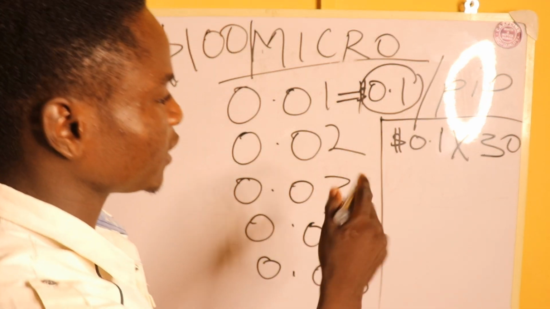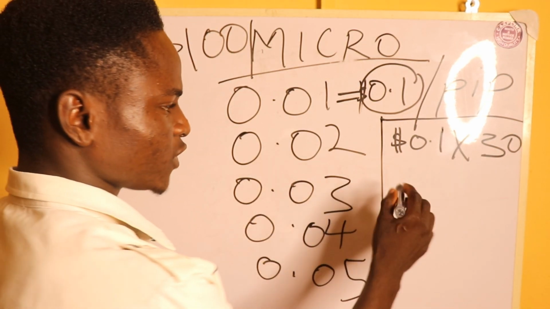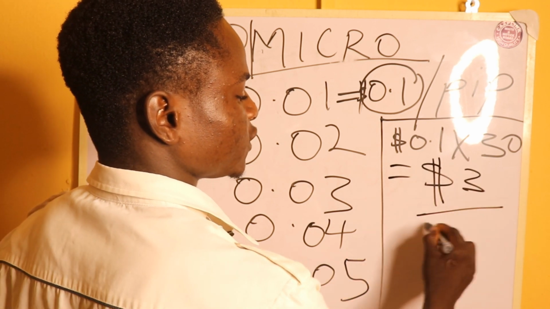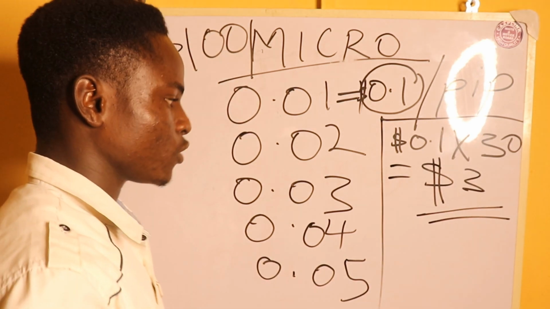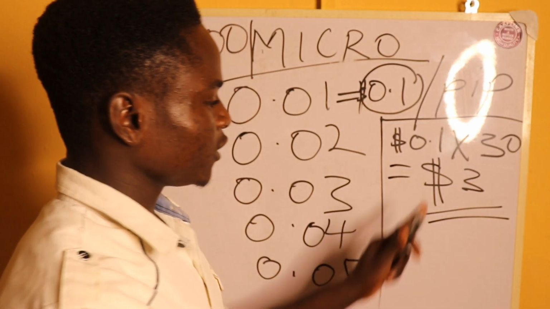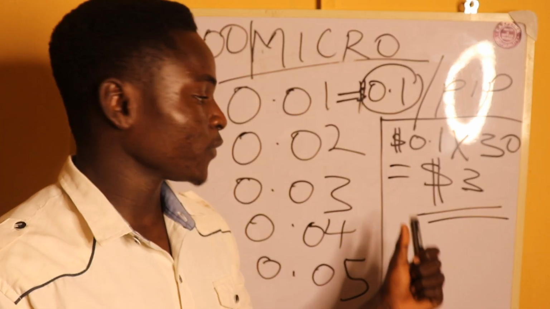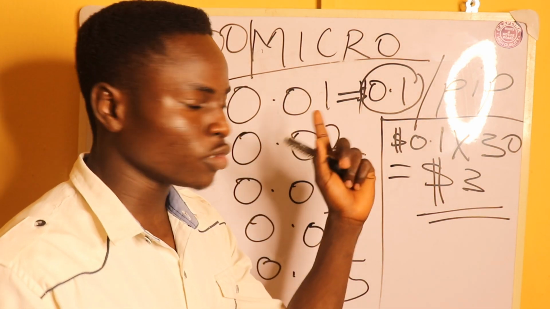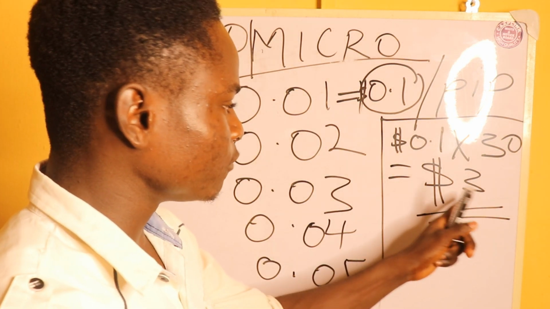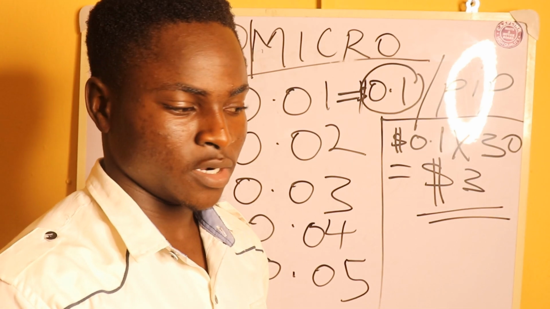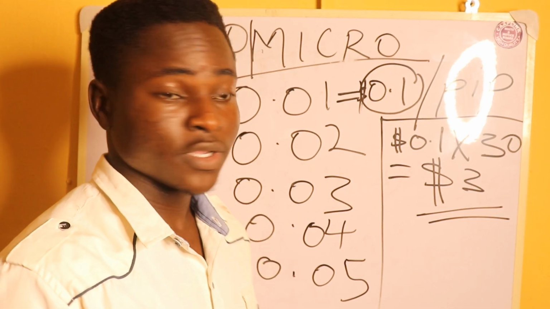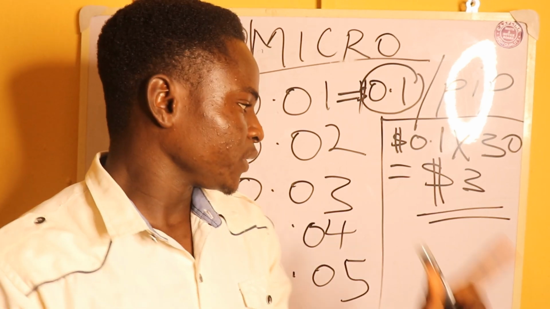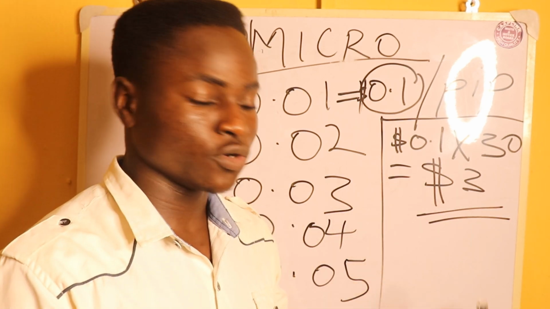As you can see, this equals $3. Whether it is a stop loss or a take profit, you'll be making $3 per 30 pips. So if the market moves 30 pips in your favor or against you, you'll be making $3, or you'll be losing $3 if the market goes against you.